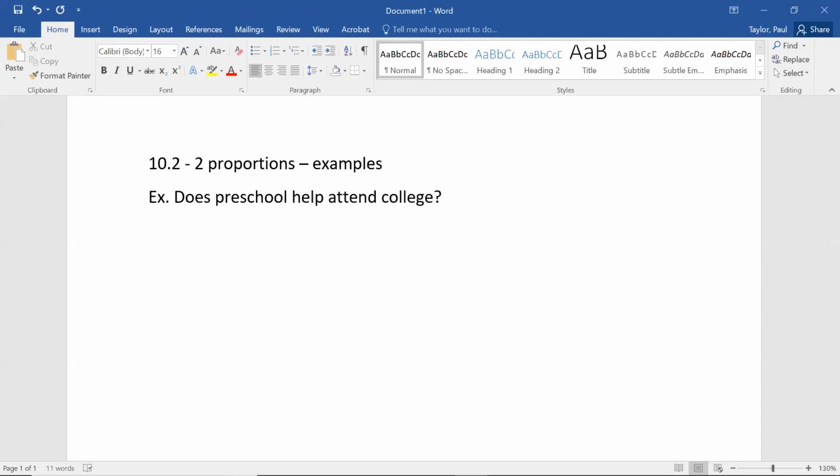And what I mean by that is, are people who go to preschool more likely to end up going to college when they're older? There's this idea that preschool gives you a boost academically, and maybe that somehow persists until you get to college.